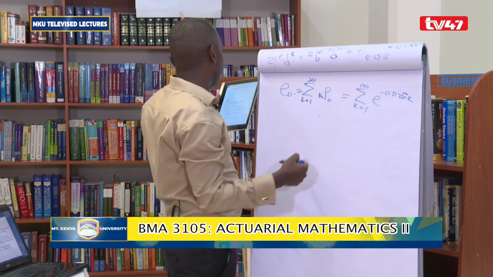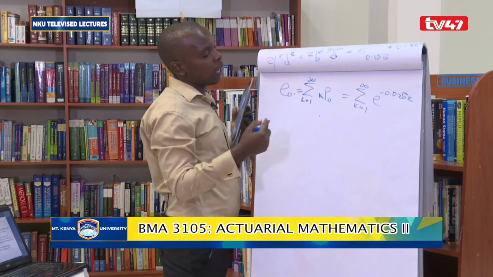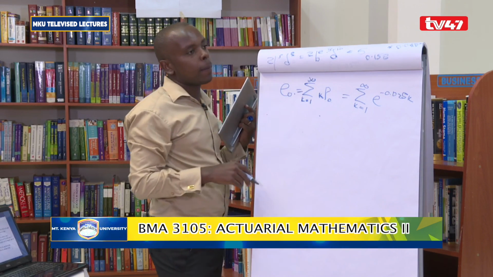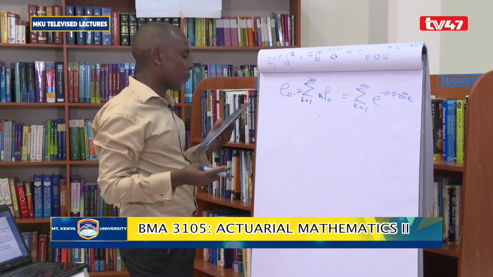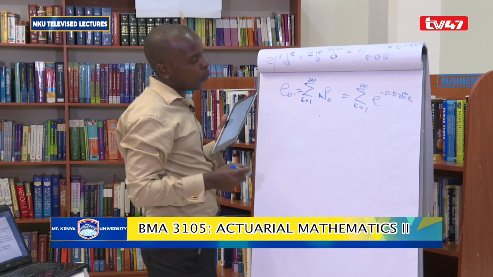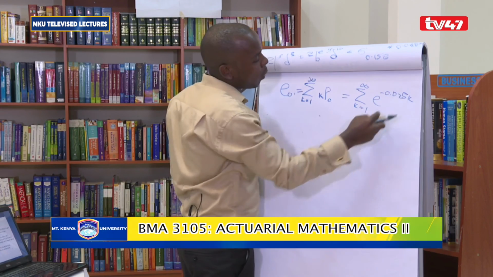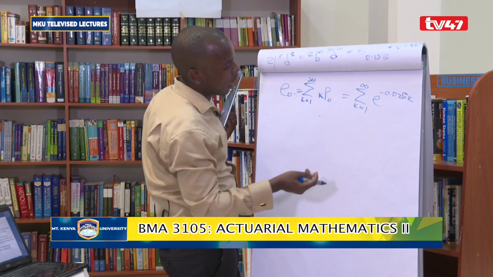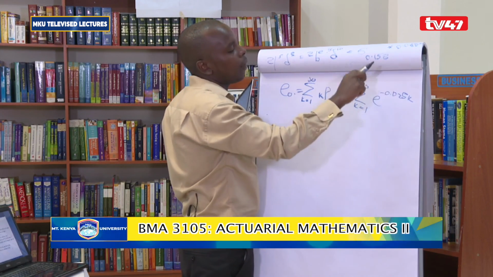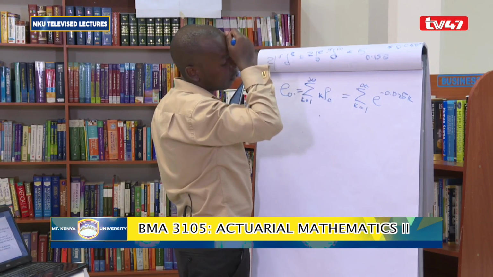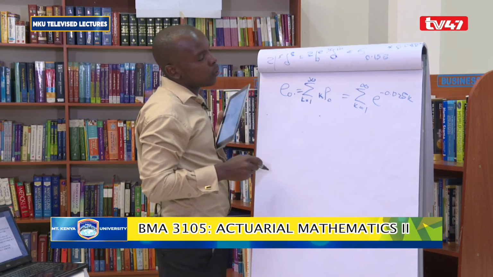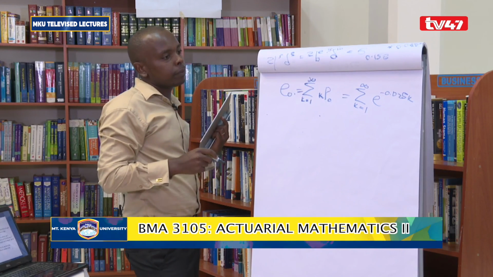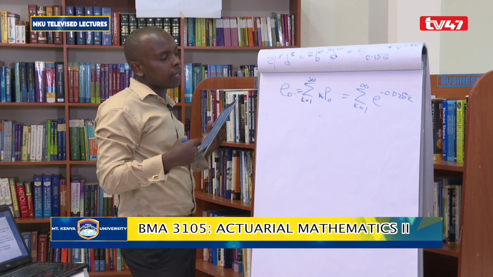Because this one can be obtained by exponential to power negative the integral of 0.025 dt or dk, depending on what you use. So this one will form a series, as you can see. If you plug in 1, you'll have e to power negative 0.025. When you plug in 2, all the way to infinity, that will take the form of a GP series.